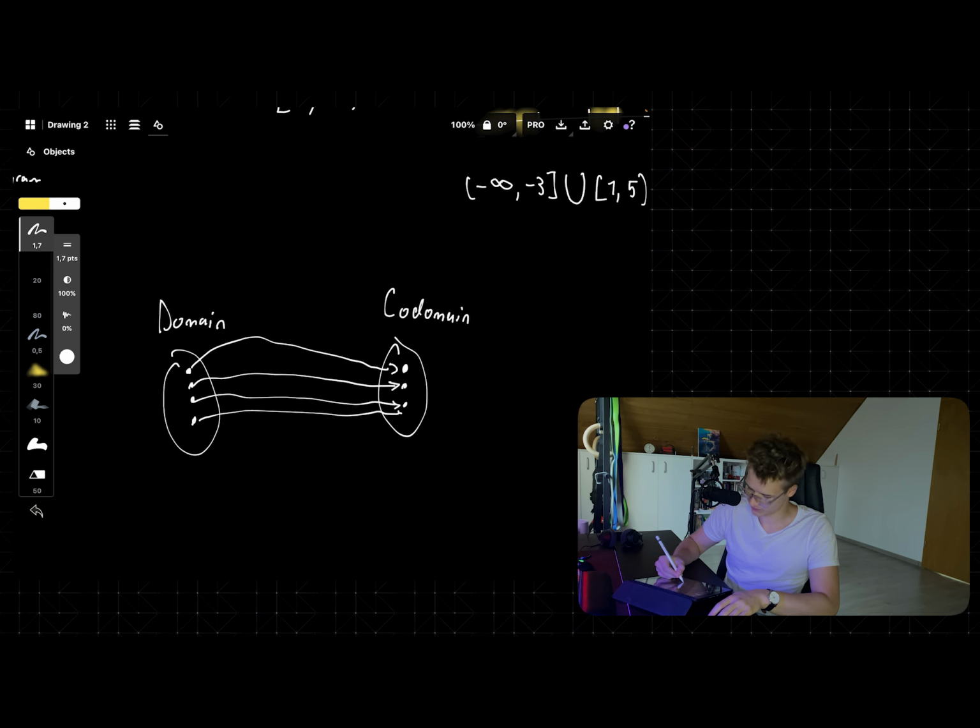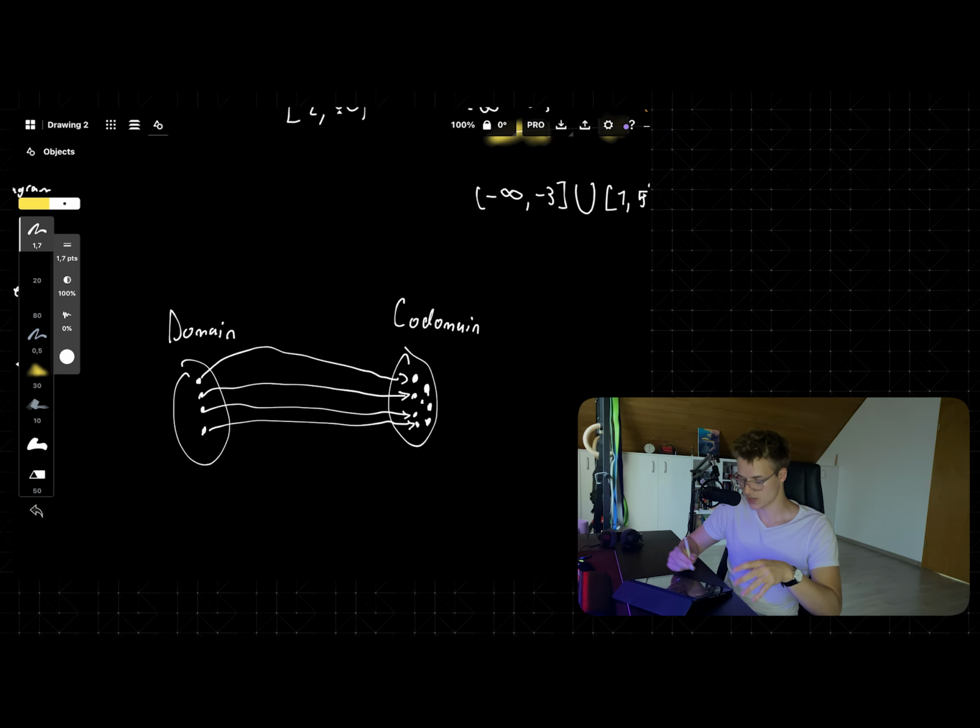3, 4. The codomain can have additional elements, so it can have elements here that have no arrows pointing to them. Nothing wrong with that. But all of the elements in the domain have to have a corresponding pair in the codomain, my bad. So you can imagine a function as an input-output thing.